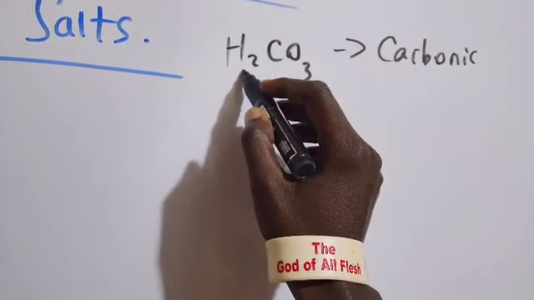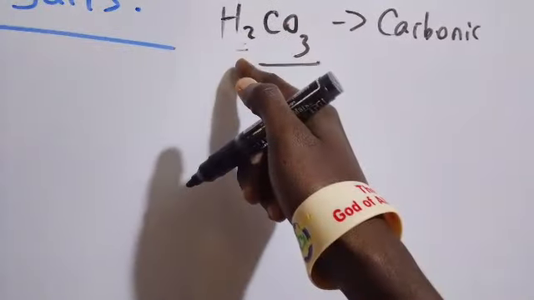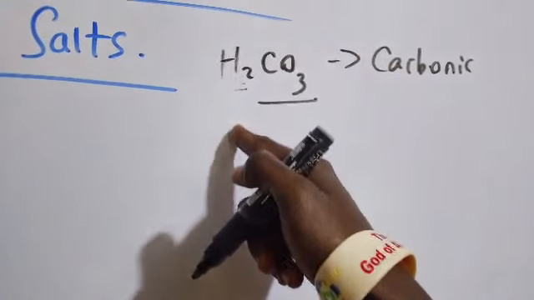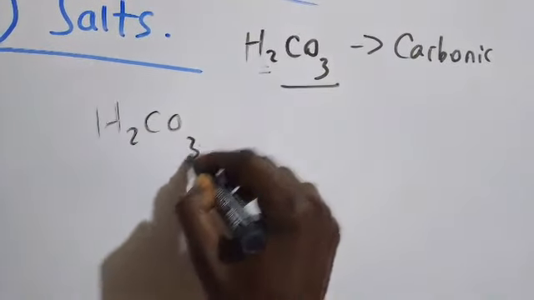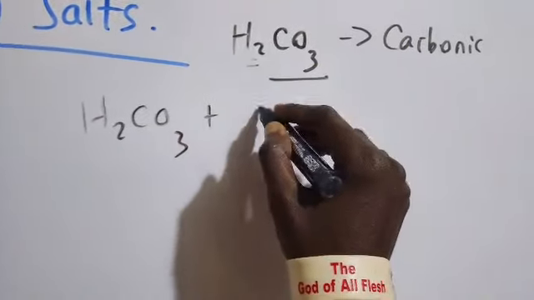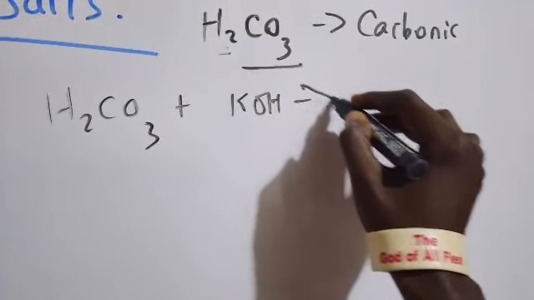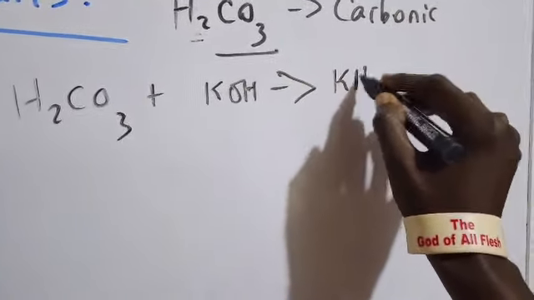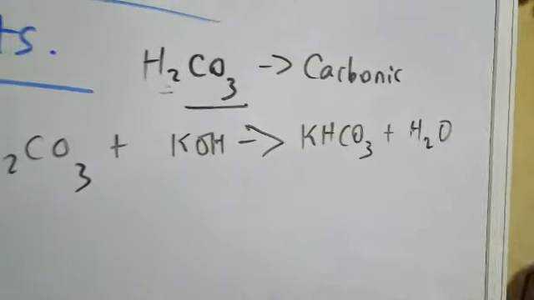Now, any acid that is dibasic can produce two forms of salts. For example, when we pass H2CO3 plus, let's say, caustic potash KOH, we can have KHCO3 plus H2O. This is a neutralization reaction.